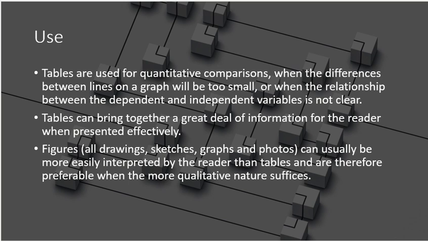So it's like a 4 or 5D graph. It becomes more effective, so it depends upon how you are arranging it. All types of figures can usually be interpreted more easily, and are therefore more preferable, as I mentioned, for qualitative nature. As I say, one picture is worth how many?